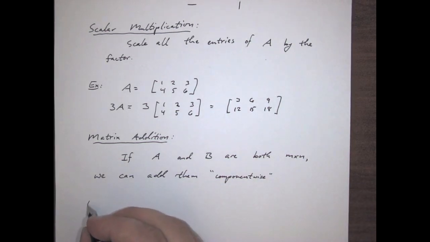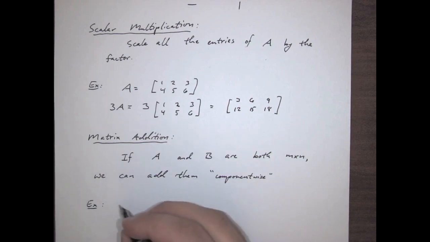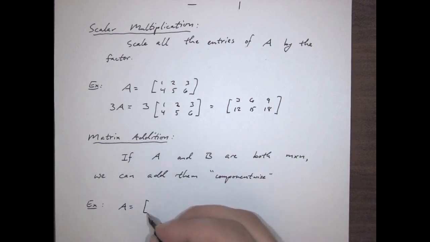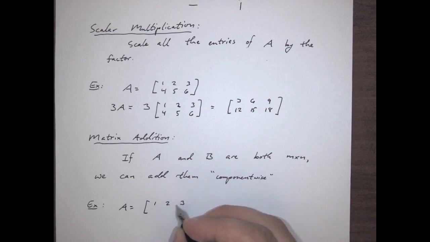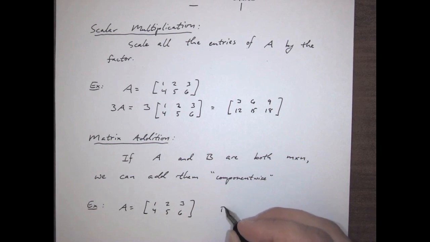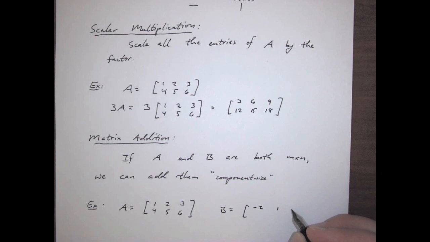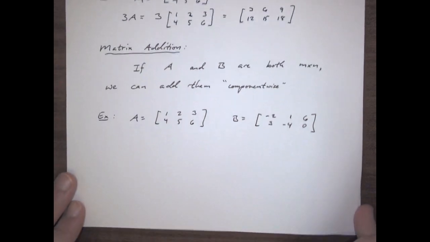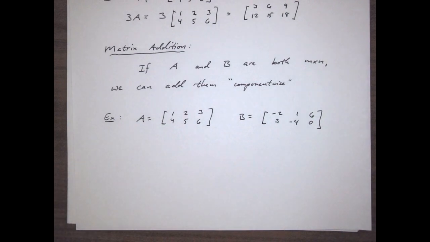So for example, let's say that A was 1, 2, 3, 4, 5, 6. Let's say B was equal to -2, 1, 6, 3, -4, and 0. It's important that they have the same number of rows and the same number of columns, otherwise addition is not defined. But if it is defined, then we just go entry by entry.